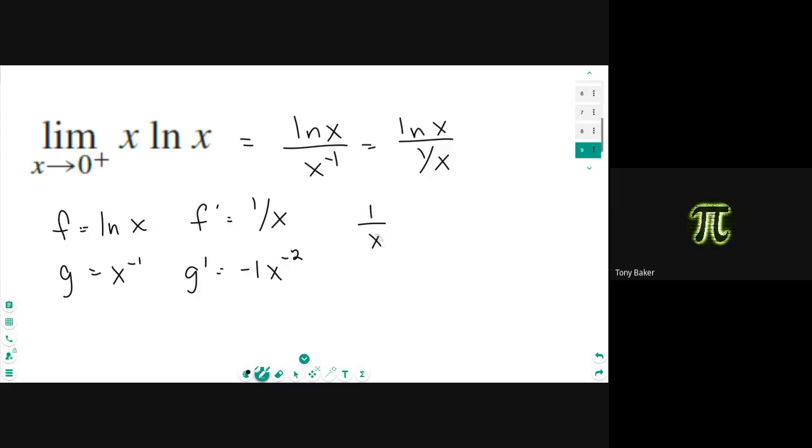So I have 1 over x over 1 over x squared, or negative 1 over x squared. So that is negative x squared over x, which is negative x.